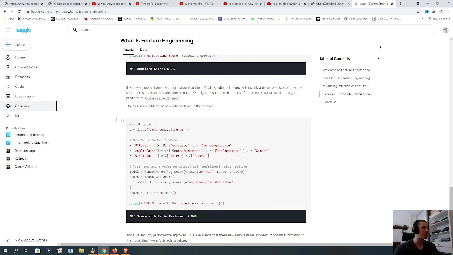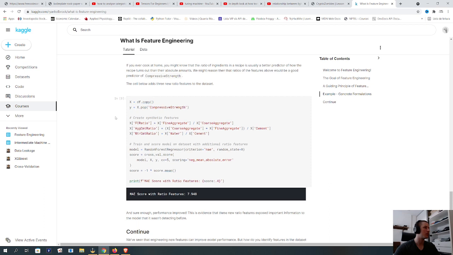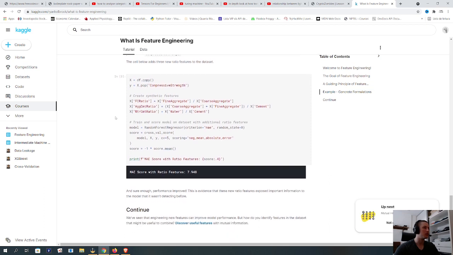If you ever cook at home, you might know that the ratio of ingredients in a recipe is usually a better predictor of how the recipe turns out than their absolute amounts. You might reason then that the ratios of the features above would be a good predictor of compressive strength. The code adds three new ratio features to the dataset.